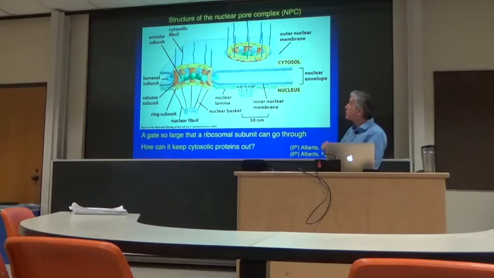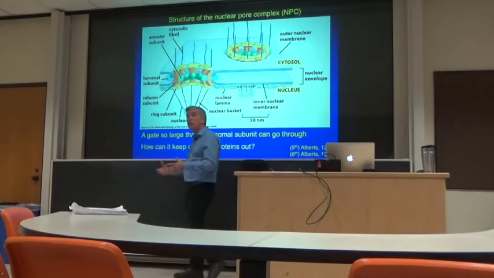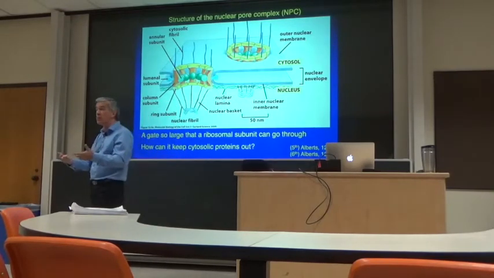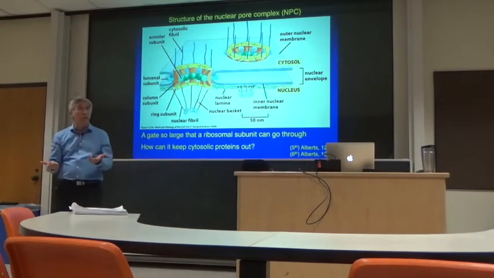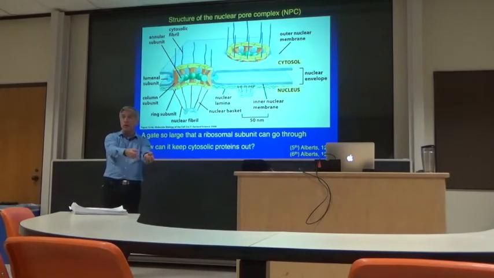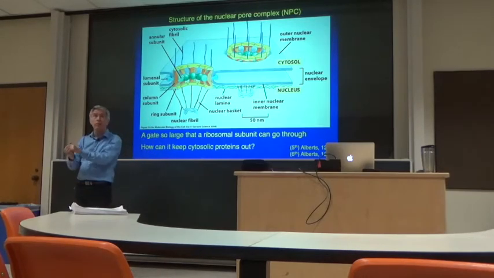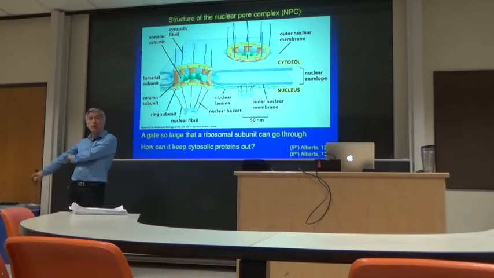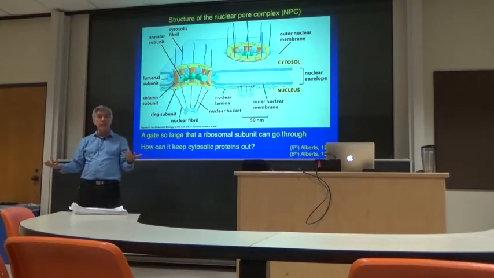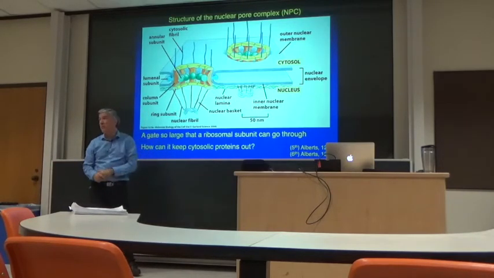These pores are so large that essentially you can think of it as a gate that you can fit a ribosomal subunit across. That's important because the ribosomal subunits are assembled inside the nucleus, with ribosomal RNA and proteins that bind to the large or small subunit, and then those subunits have to be transported to the cytoplasm where they function in translation. So it has to be big enough to fit ribosomal subunits across.